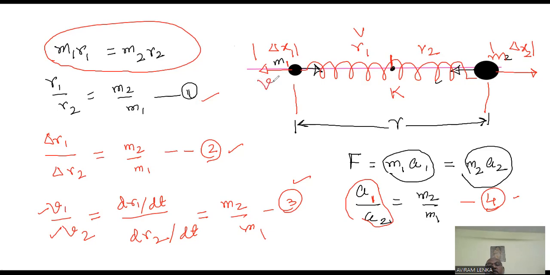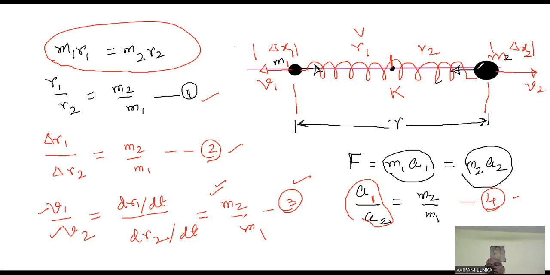If this mass has got a velocity v1 and this mass has got a velocity v2, the ratio of the velocities will follow the same pattern as in the last case, because before we removed our hands and cut the string, the center of mass was at rest, and the masses are moving away from each other because the spring is pushing them, and the spring is an internal agent.